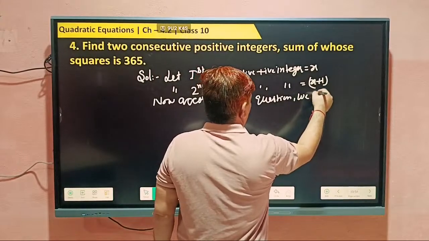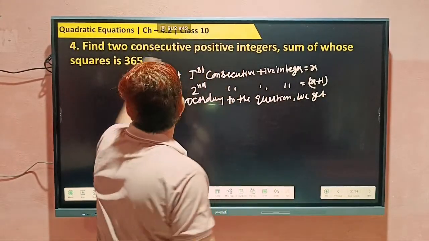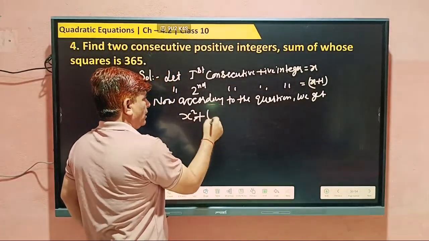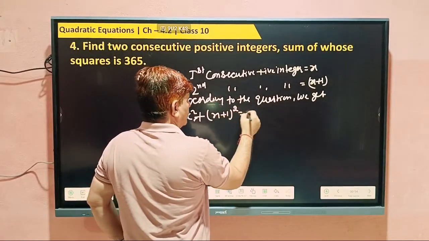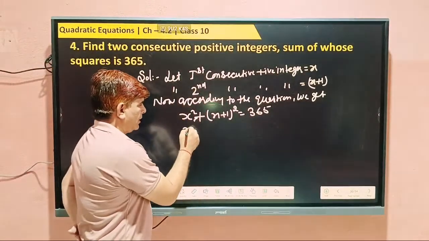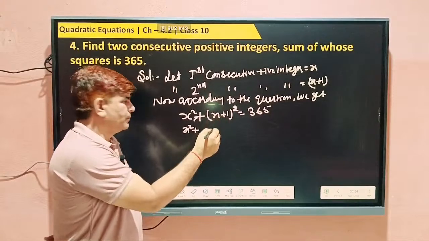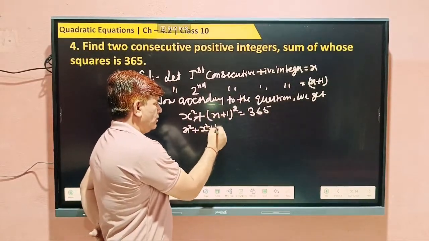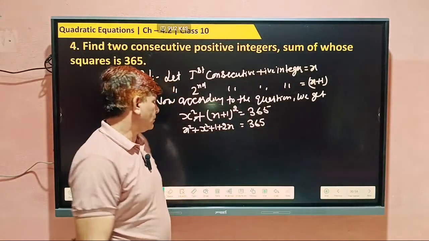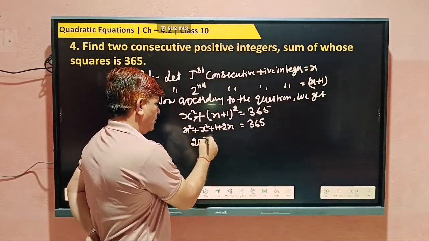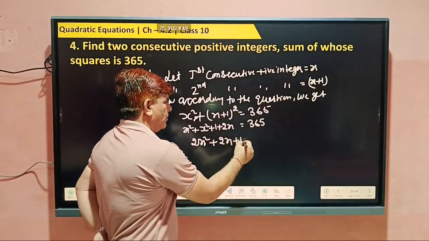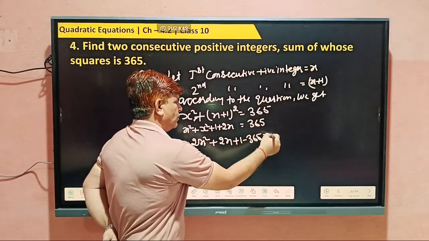Now according to the question, what do we get? The sum of whose squares is 365. Whose squares? x square plus (x plus 1) whole square is equal to 365. This is given. We can show x square, and this is (a plus b) whole square. So x square plus 1 plus 2x is equal to 365. 2x square plus 2x plus 1 minus 365 equal to 0.